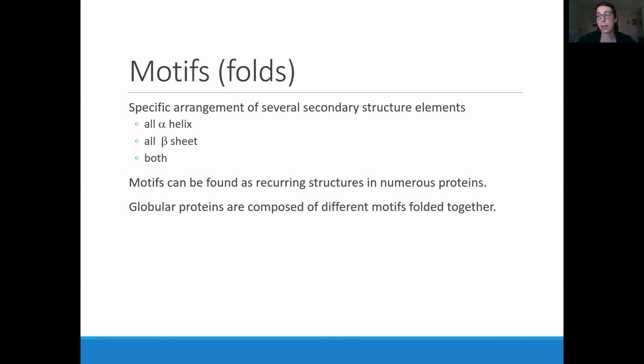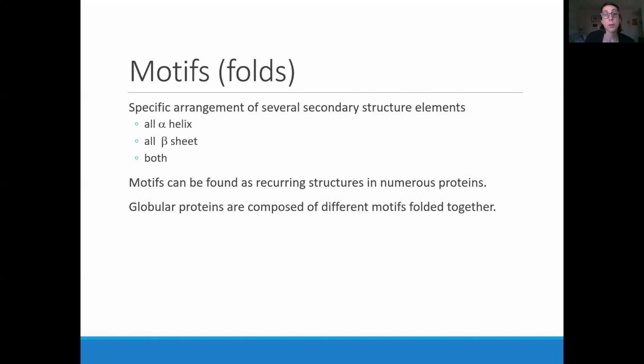So they might have an alpha helix here and there, that's all they have, or they have a beta sheet here and there, but not these repeating alpha helixes or repeating beta sheets that are then stacked upon each other. So again, they can have all alpha, all beta, technically. They can have both as well. Generally, they have a mix of the two of them.